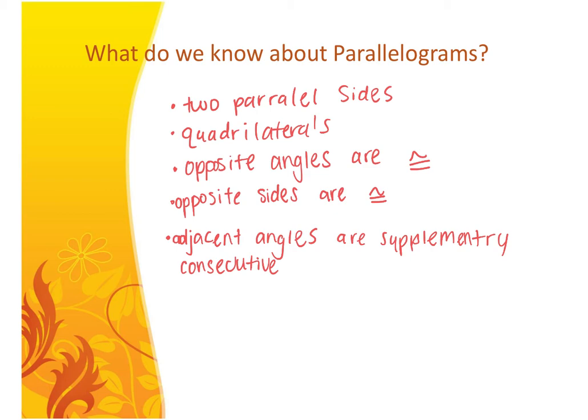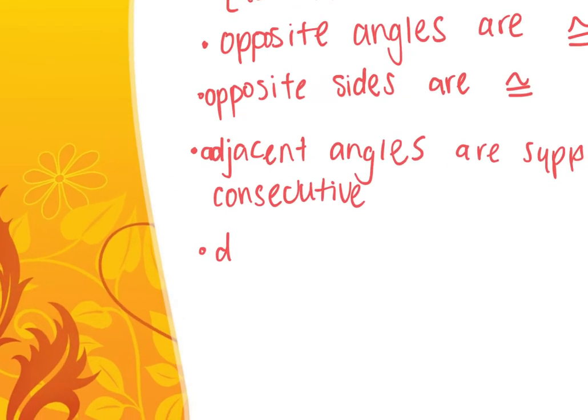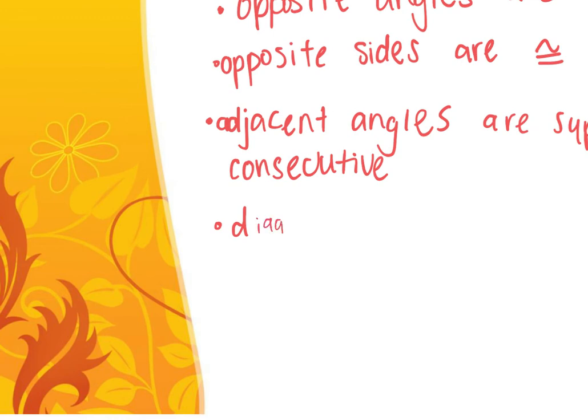Christian, what else do you know? I forgot what it's called, but when you get a line from like the corners, it bisects. Very good. What do we call that line from the corners, people? A diagonal, okay? Diagonals.